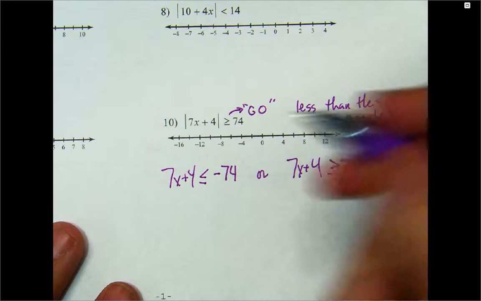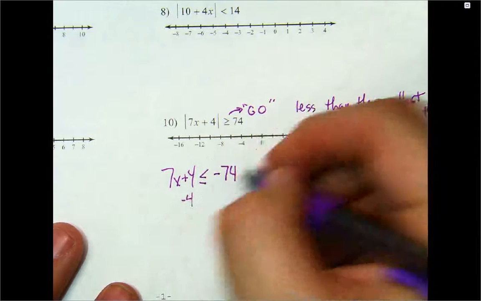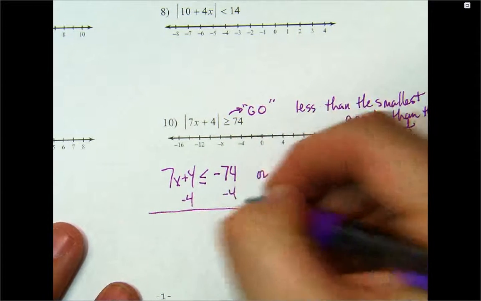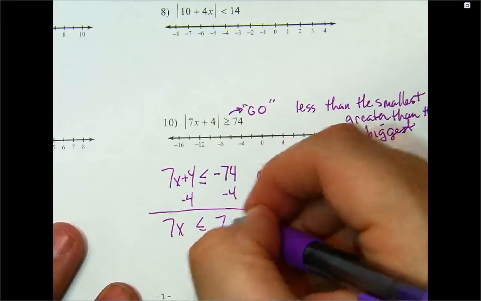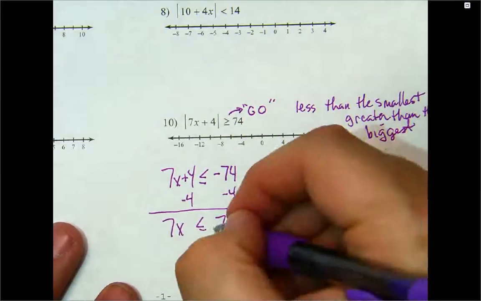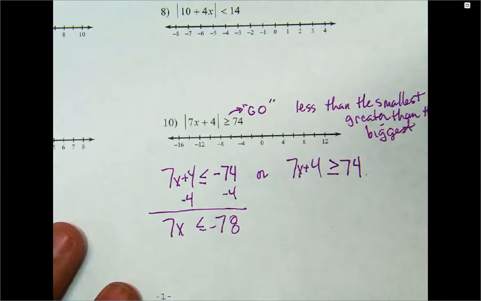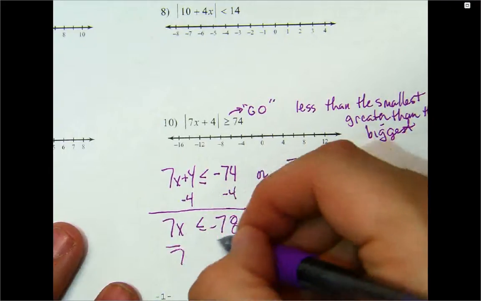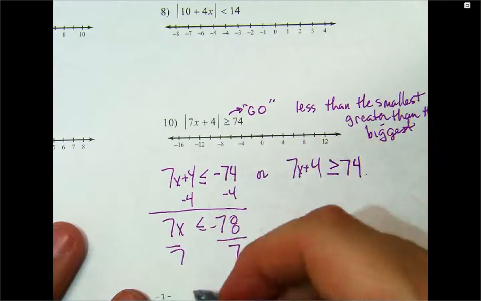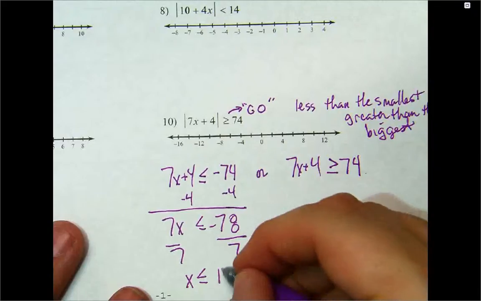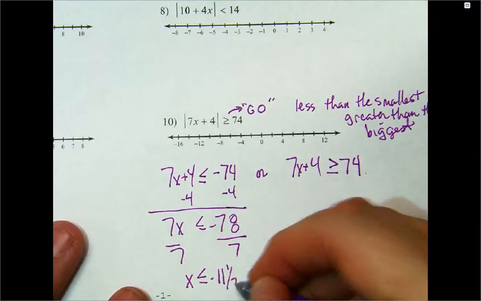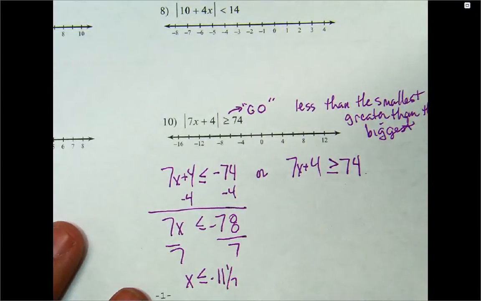Subtract the 4. So 7x is less than or equal to negative 78. Divide by 7, divide by 7. Negative 11 1/7.